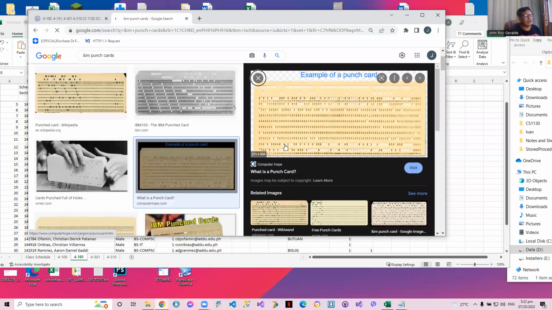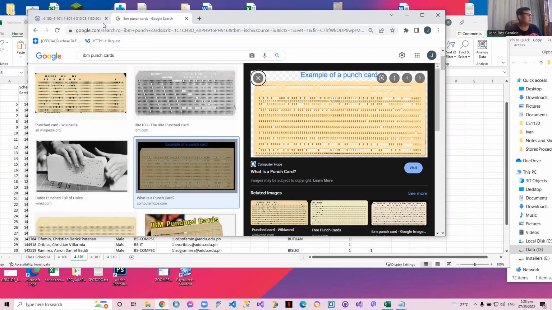This was used in the 1880s, because the U.S. performed one of their earliest censuses, or population counts. Recording could be very tedious, so they used punch cards instead of papers and pens. Each column represents a number, depending on the holes punched; a certain quantity is being represented.